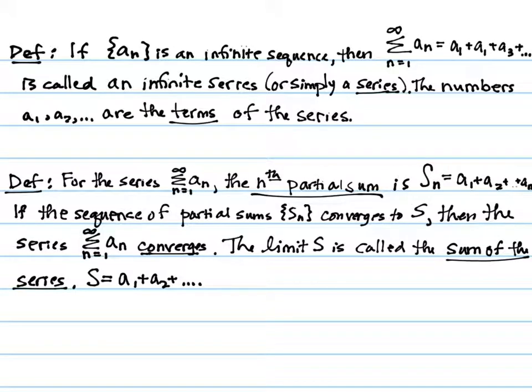We keep adding those together and we get the sum of our series. This equals the summation from n equals 1 up to infinity of a sub n. And likewise, if the sequence S sub n diverges, so the sequence of partial sums diverges, the series diverges.